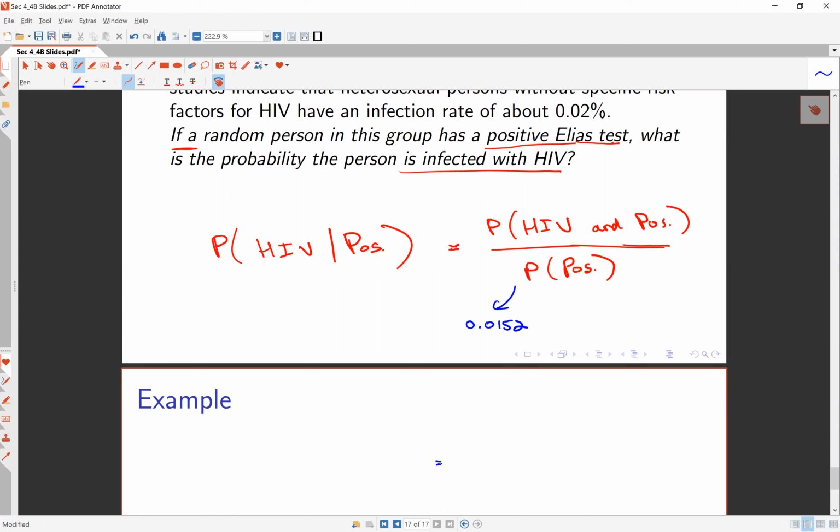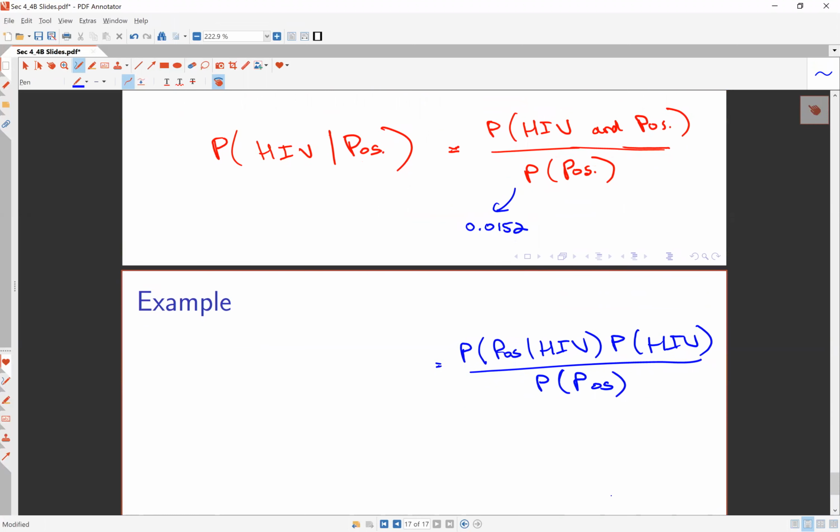So the probability of being HIV positive and having a positive test come back, well, we calculated that as well, but the way we did that was by conditioning on being HIV positive and multiplying by the probability of being HIV positive.